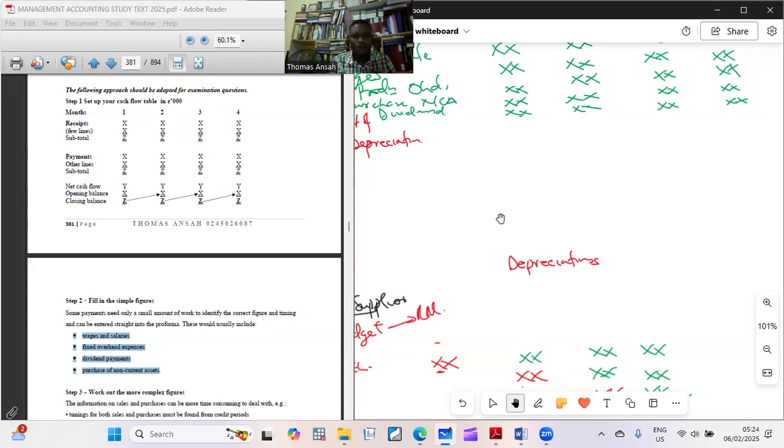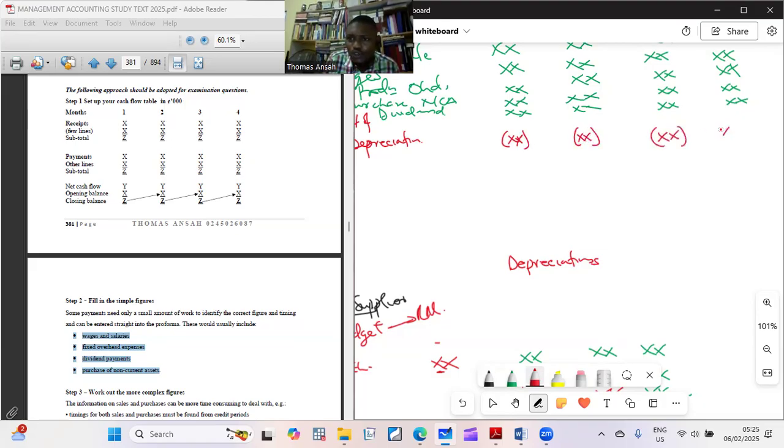So if it is absorbed there, we don't want to see it in the cash flow. So it was added to the expense. So in that expense, we need to take it out. We are not taking it out of profit or anything. We are deducting it out of that expense. So if you have such a situation, deduct the depreciation because depreciation is not a cash flow.